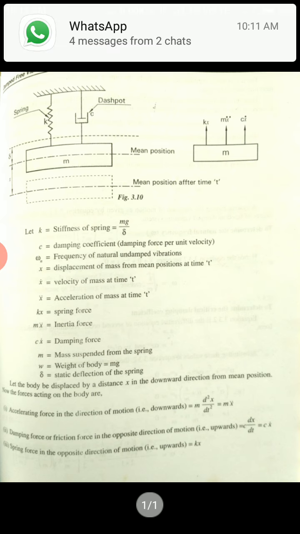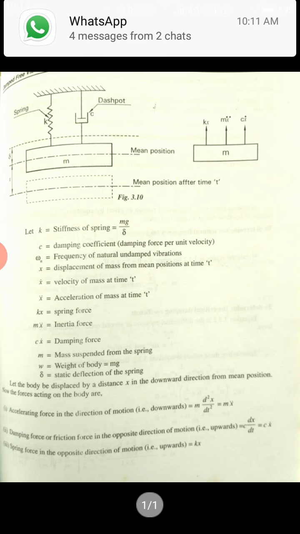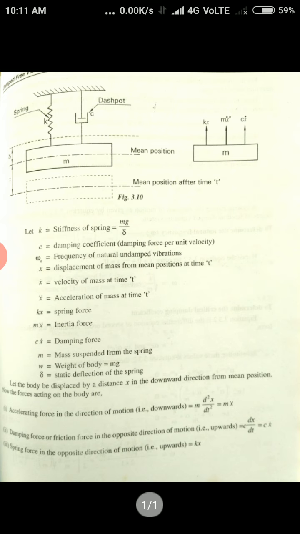So what forces are acting on the body? One is the accelerating force in the direction of the motion, acting downward, that is m d square x by dt square, equal to mx double dot. Damping or frictional force acts in the opposite direction of the motion, acting upward. You can see the free body diagram in figure 3.10.